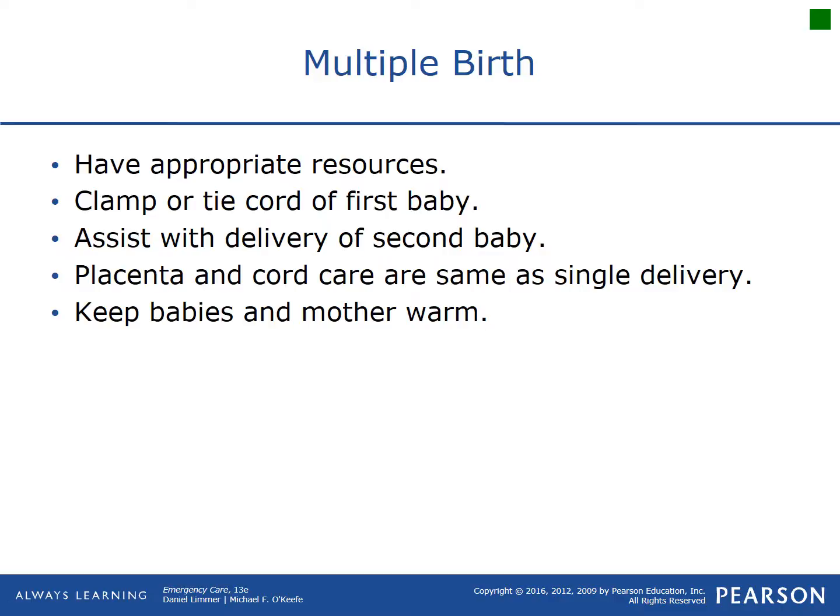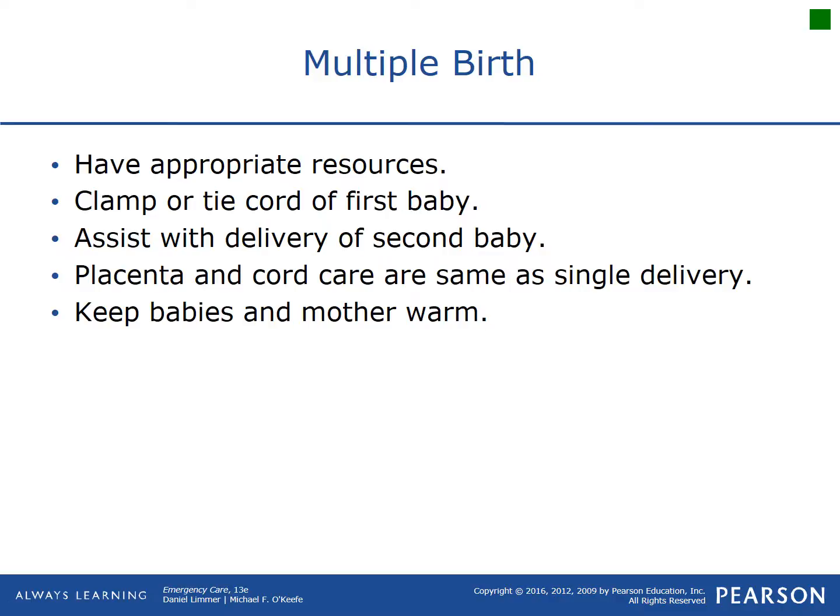Multiple births. Hopefully, the mother has obtained prenatal care so she knows how many babies are inside. Even with that, there are still medical flukes where sometimes they don't know how many babies are in there, but those are 1 in a million chances. If there are multiple births, you're going to have multiple patients.